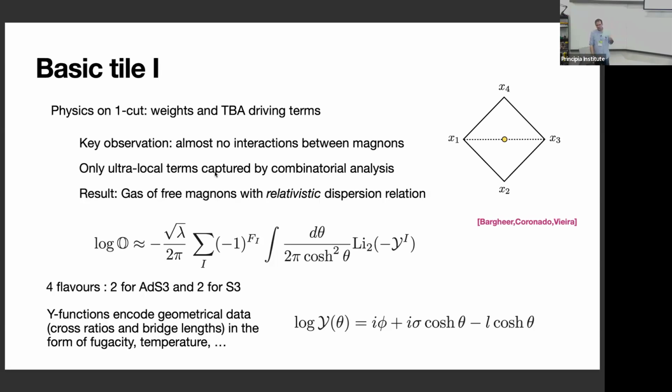There is just a subtlety about the fact that these magnons can form bound states, and you get these bound states at threshold that start to mix up with magnons which are integrated without being bound. So there is a little bit of ultra-local interaction coming from this bound state at threshold, which forces you to reorganize the result a little bit. But this is some combinatorial analysis, which is well understood.